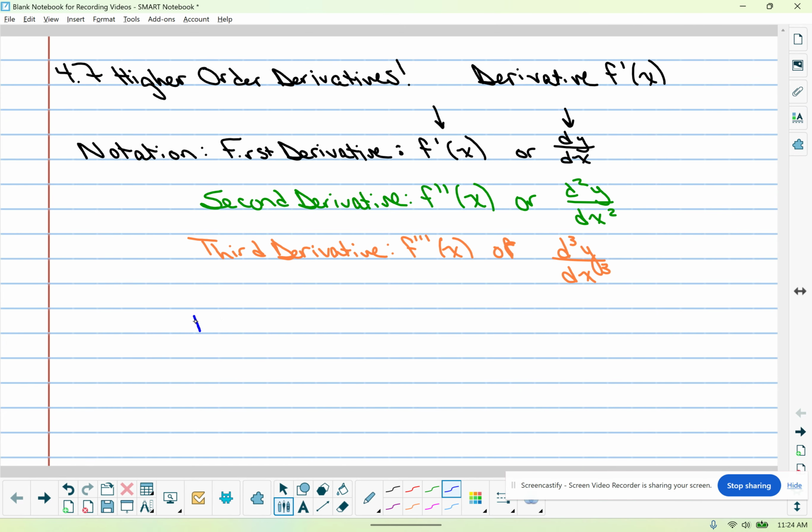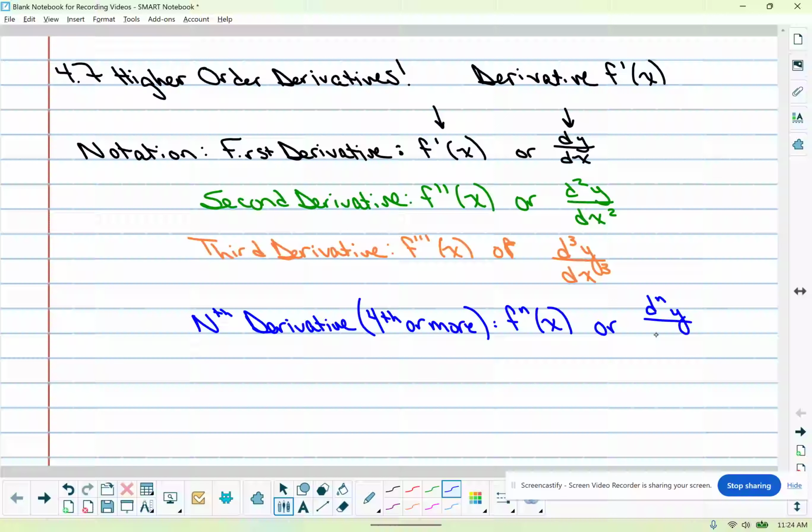So the nth derivative, fourth or more, is going to look like f to the n of x, or d to the n y over dx to the n.